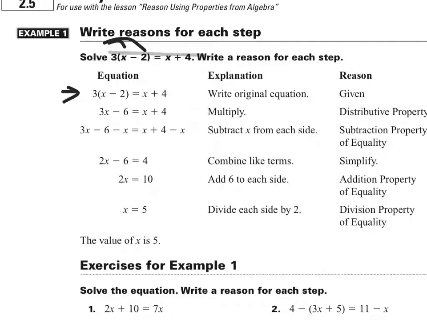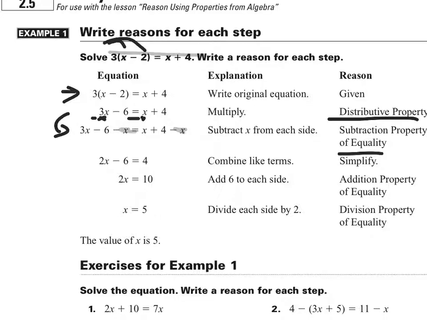Well, here, no, this is a given. Here they multiplied, so the reason was distributive. Then to go from this step to this step, they're subtracting the x from both sides, and they showed it here on the same line. If you want to write it underneath, like minus x, you can show it that way. So that would be the subtraction property of equality.